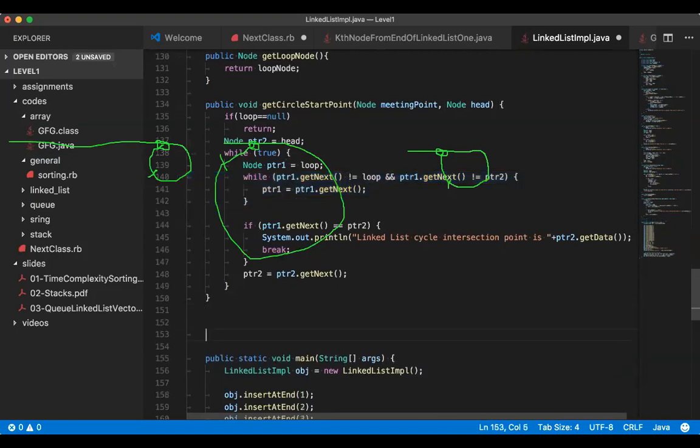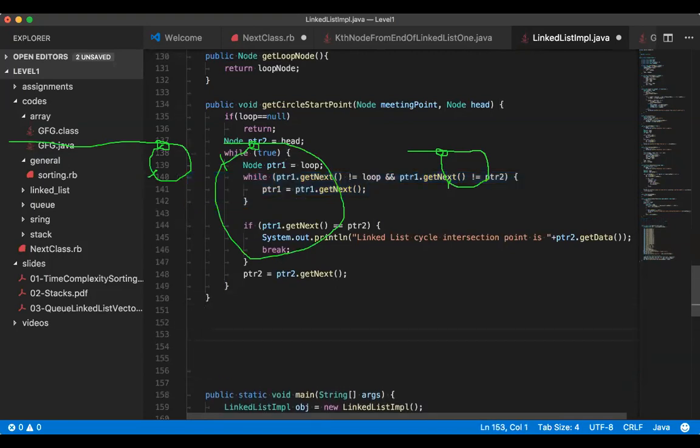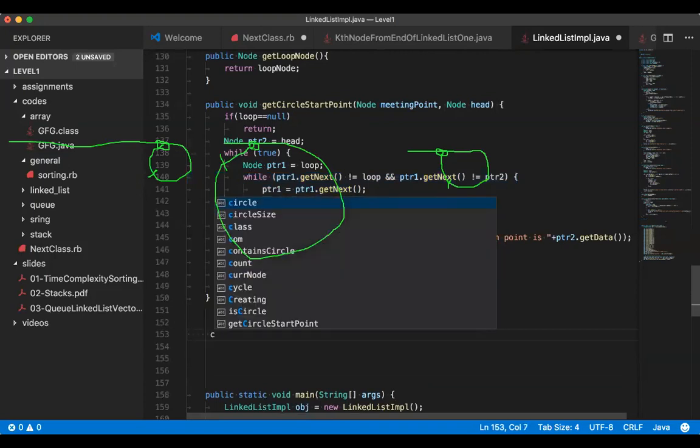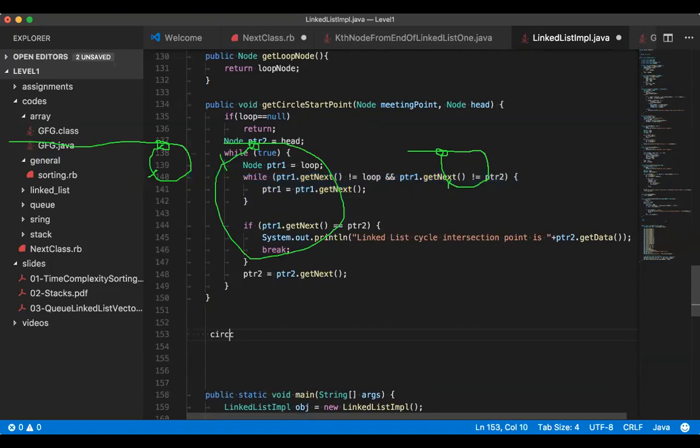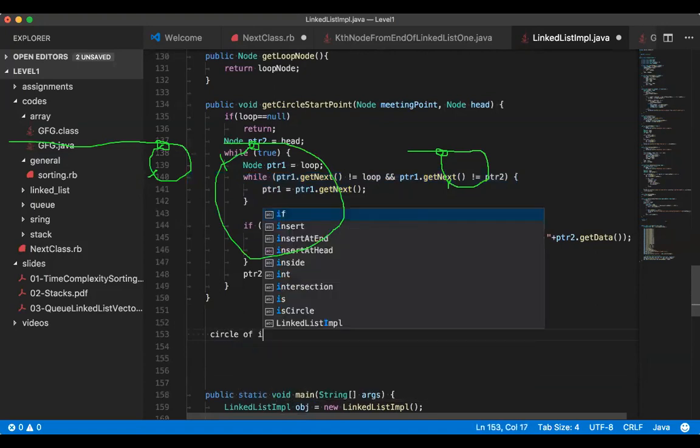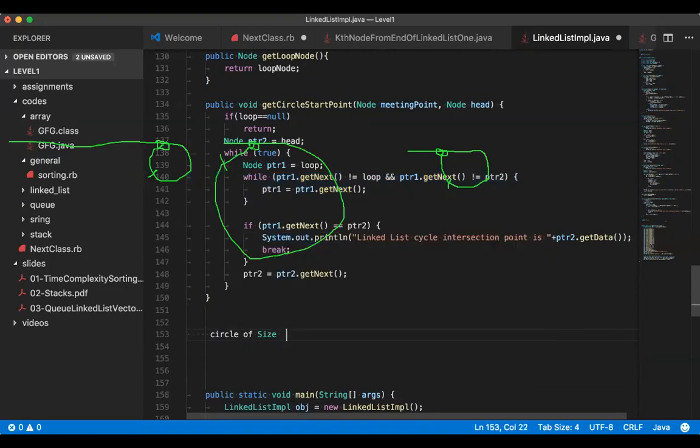Now just tell me, suppose there is a circle of size C. And now suppose both of them start from the same point.